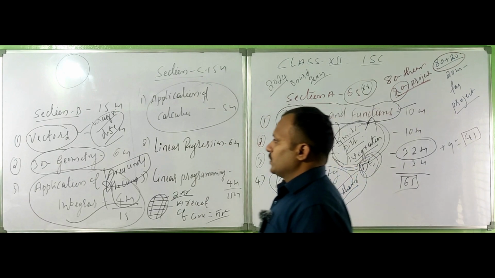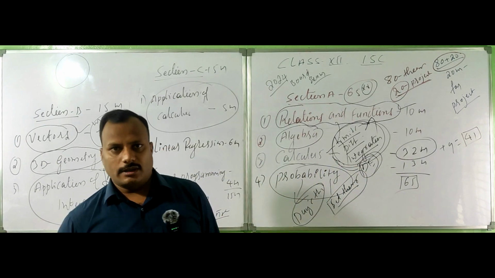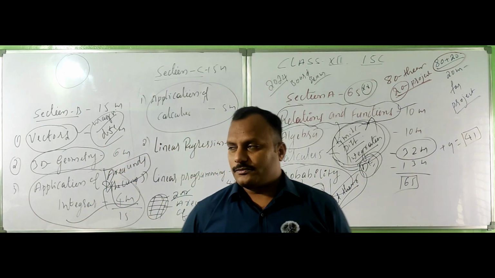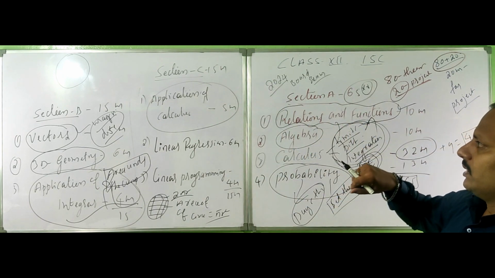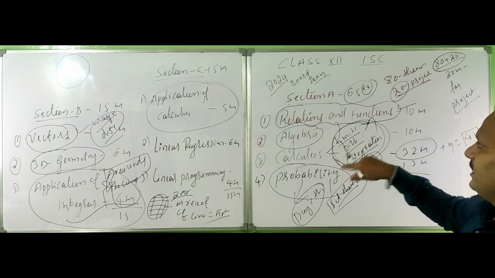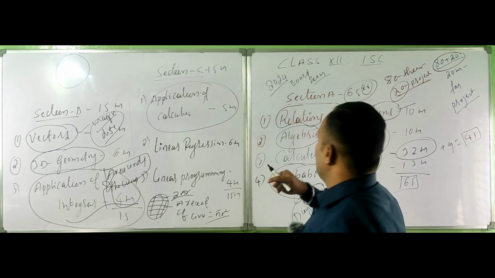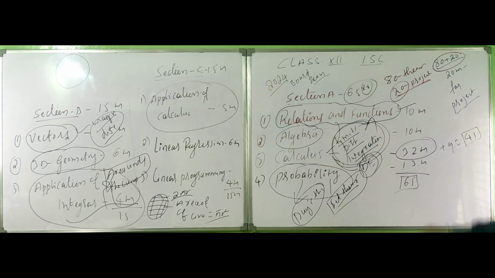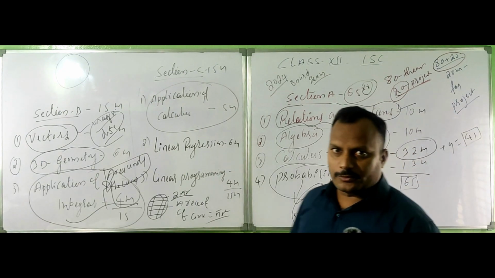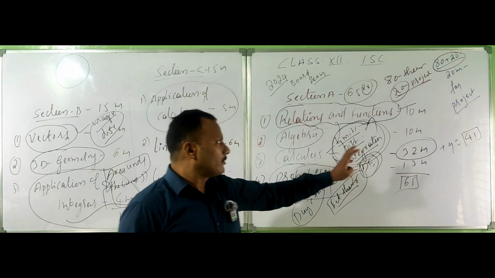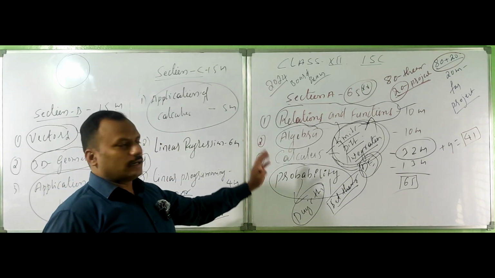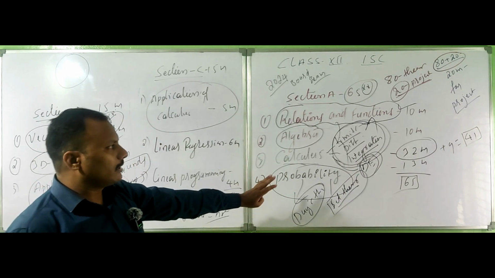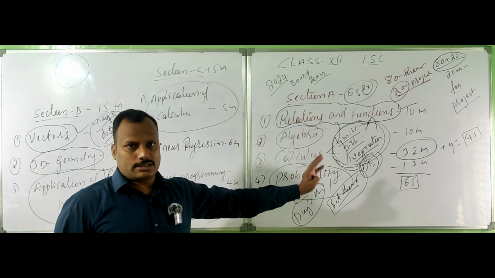After this, let's start the questions. As the board exam demands, 50% of the marks are only here, so right now I am trying to focus on section A only. I'll solve this step by step: first relations and functions, then algebra, calculus and probability. According to this, it would give the best result.